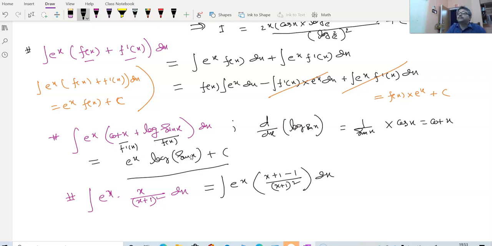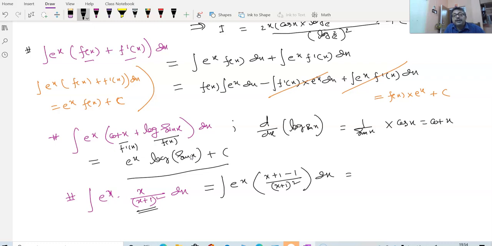Can I do it? You will ask, why have you done this thing only? Did you memorize? No. I was just trying to find a method where I can express this part as the sum of two, one being the derivative of the other.